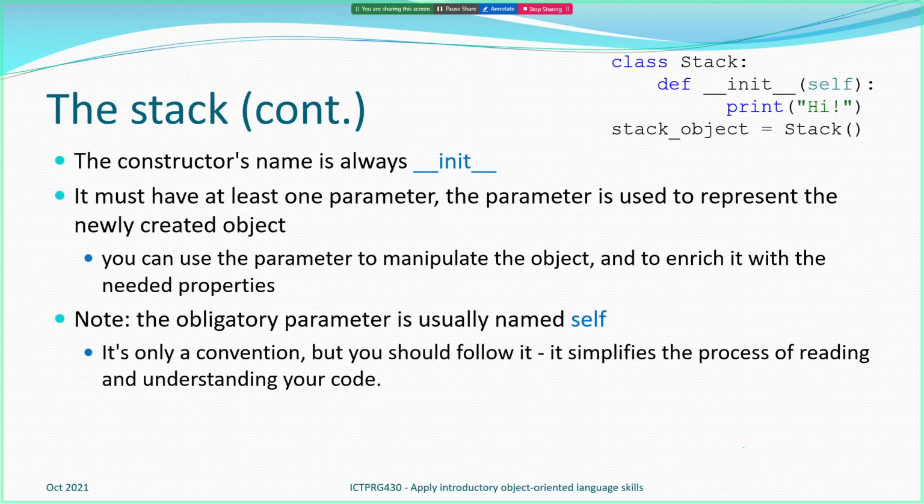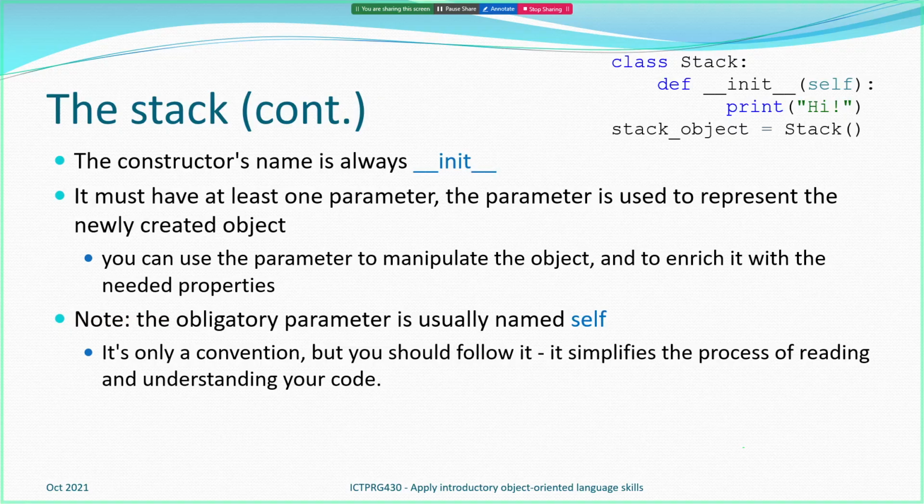So in the top right hand corner we have an example of class stack. Then we are defining the constructor's name, so we're defining init self followed by the colon.